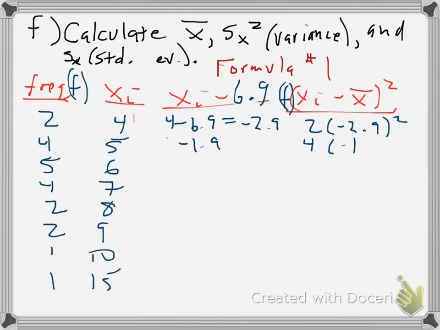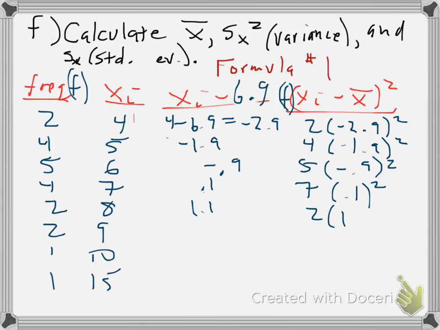There were 4 5s, so 4 times negative 1.9 squared. 6 minus 6.9 is negative 0.9, but there are 5 of those, so this is 5 times 0.9 squared. 7 minus 6.9 is positive 0.1, and there are 4 of those, 0.1 squared. 8 minus 6.9 is 1.1, and there were 2 of those, 1.1 squared. 9 minus 6.9 is 2.1, and there were 2 of those, 2.1 squared.